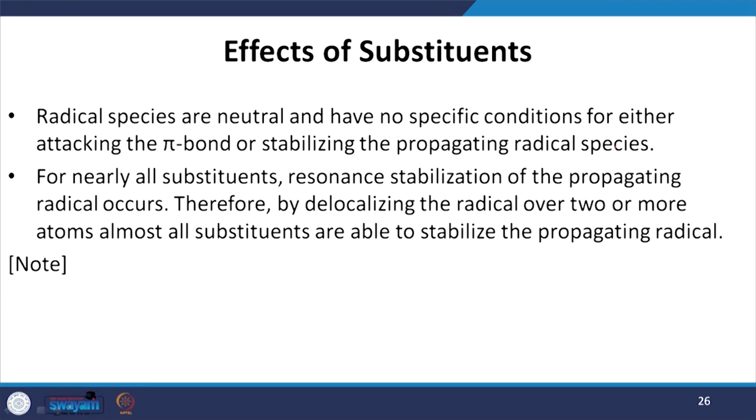So when we talk about radical species, they are usually neutral in nature and have no specific conditions for either attacking the pi bond or stabilizing the propagating species. So for nearly all substituents, resonance stabilization of the propagating radical occurs.